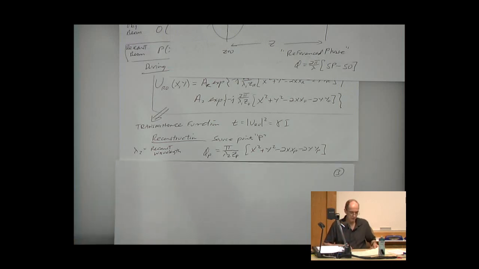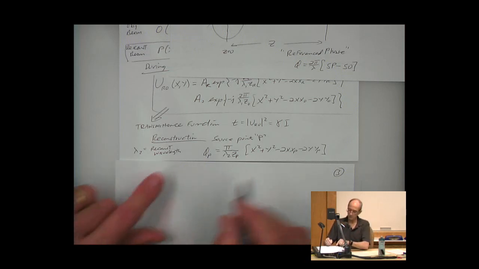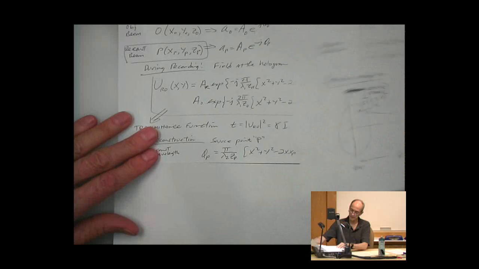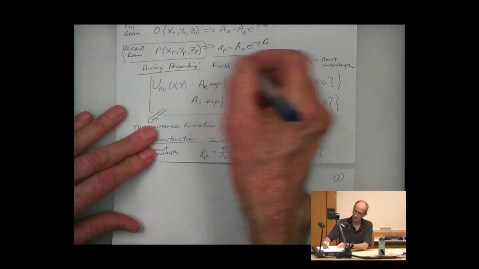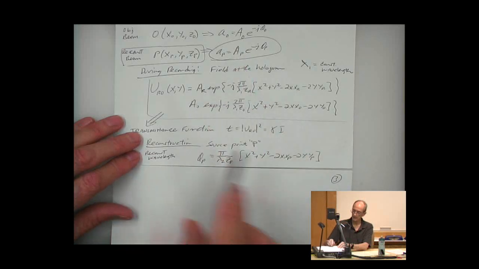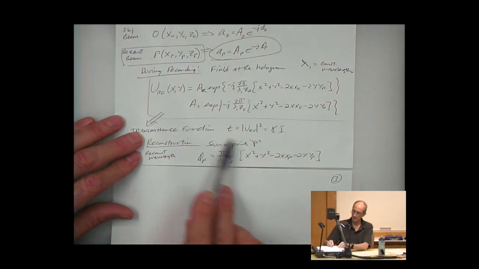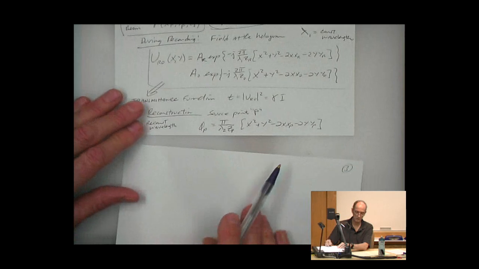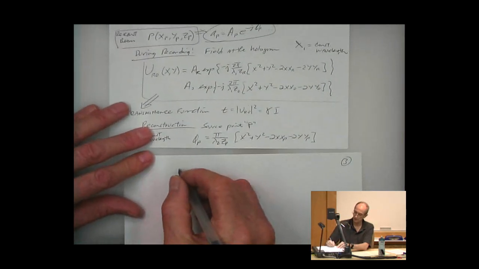So here's our reconstruction field, and we're going to take that and multiply it by this, as we normally do.